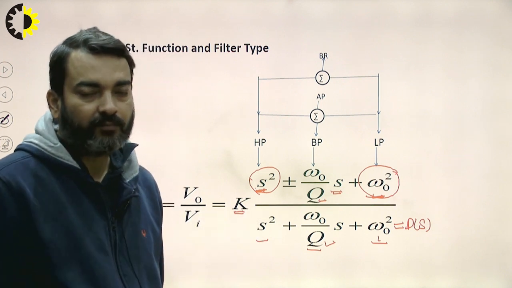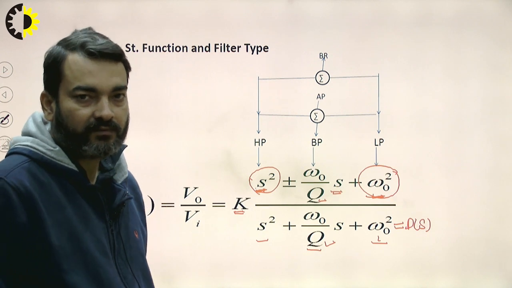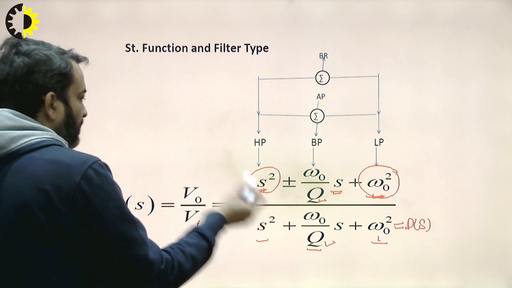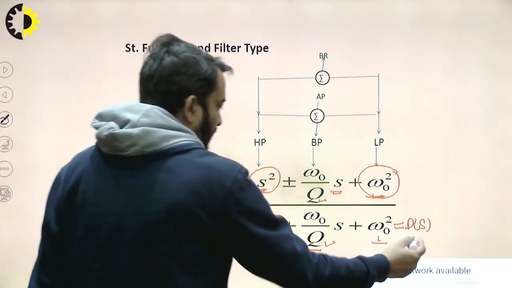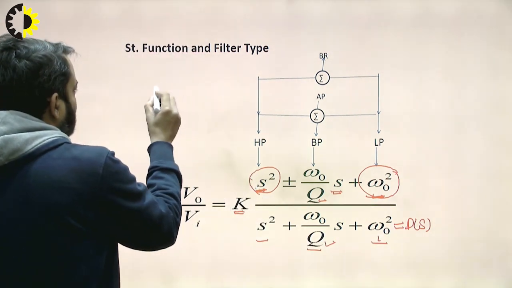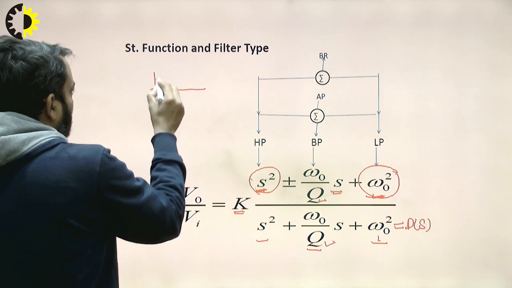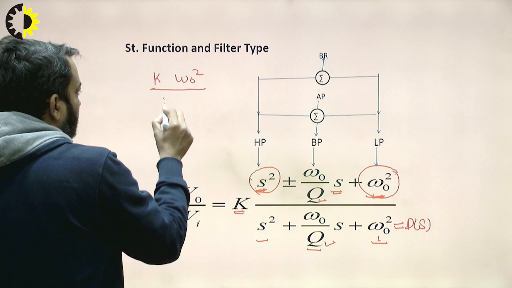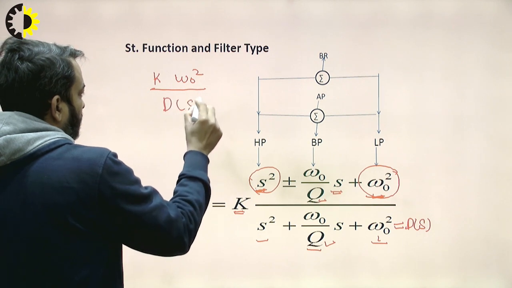So for example, what is the standard transfer function of second order, let's say low pass? So we will say, this is the denominator function. So K omega naught square by D(s).